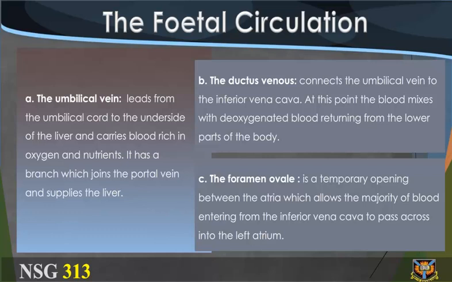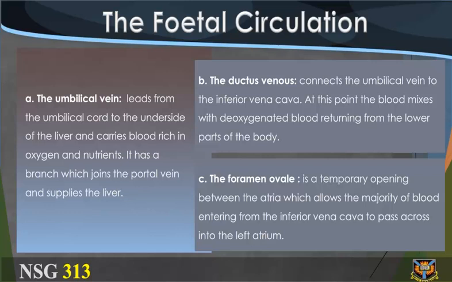B. The ductus venosus connects the umbilical vein to the inferior vena cava. At this point, the blood mixes with deoxygenated blood returning from the lower parts of the body.